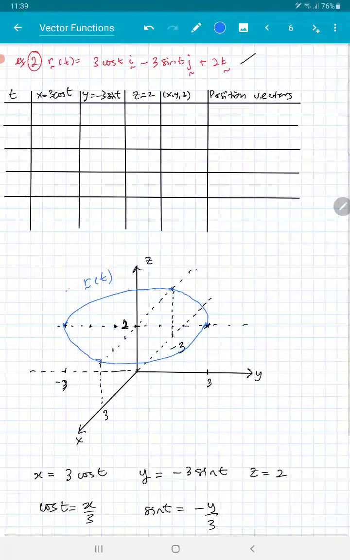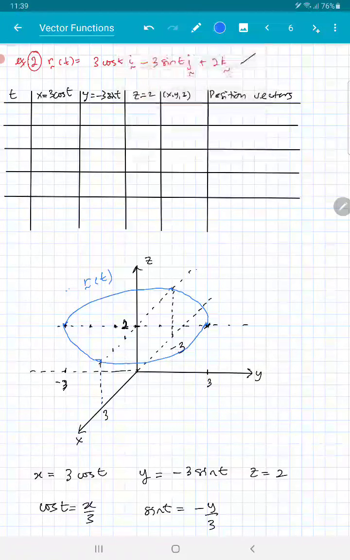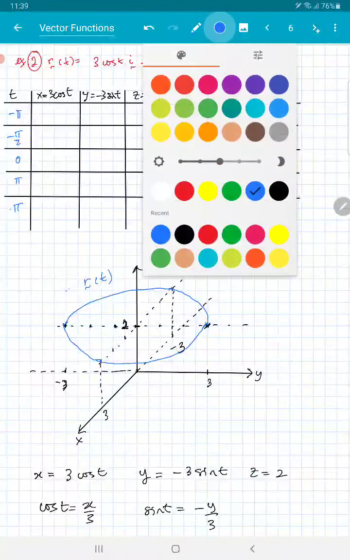So going back to our table here, since our parameter t is really an angle, I'm going to use pi. So we need negative pi over 2, so we take a few negative and positive values.